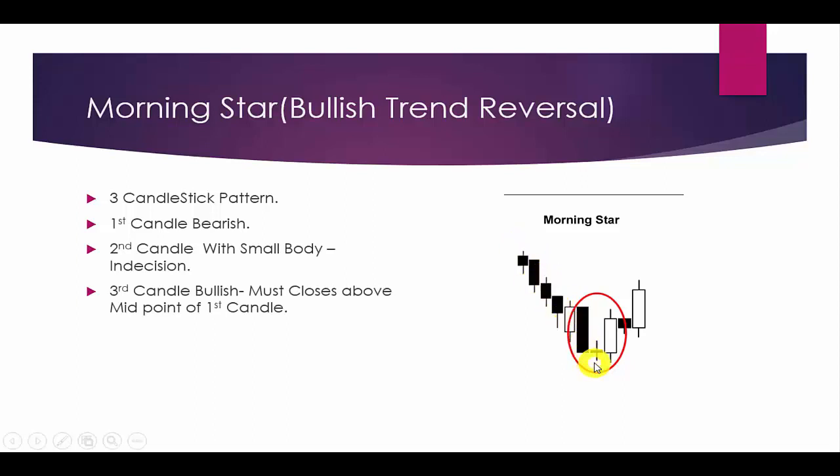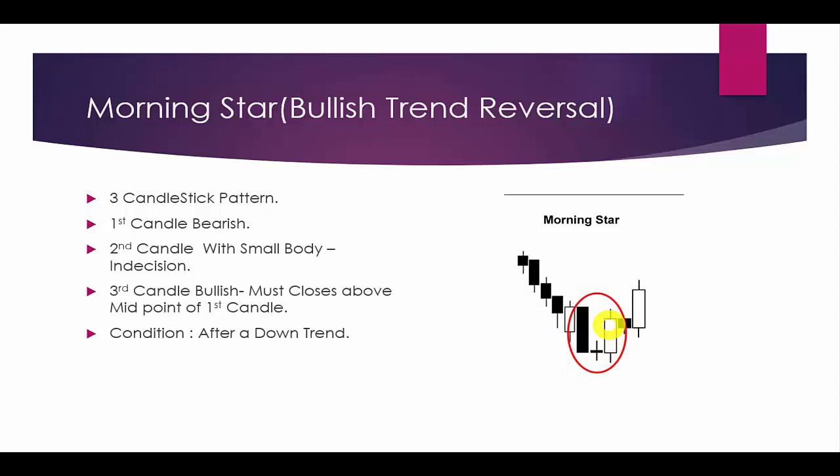Night has been finished and this star has arrived. We can say star of morning. So that's why it is named morning star candlestick pattern. Night has been finished, we have seen a new star and it is named morning star. We will find such type of candlestick pattern after the strong downward trend.